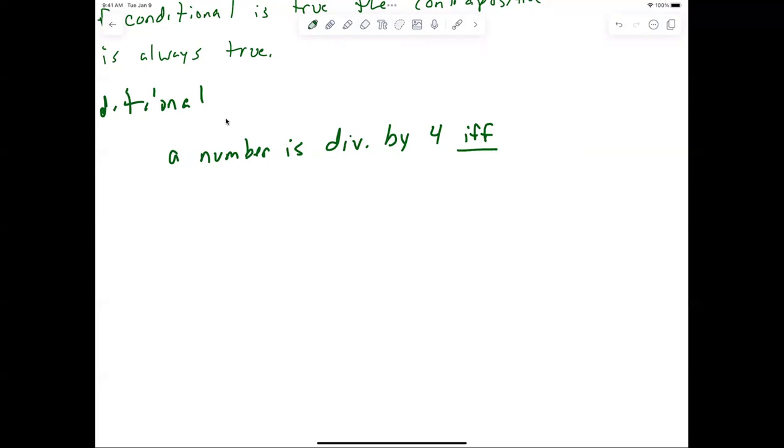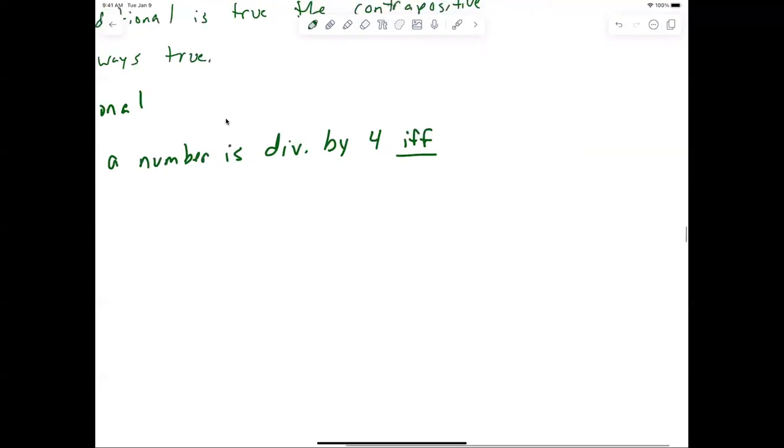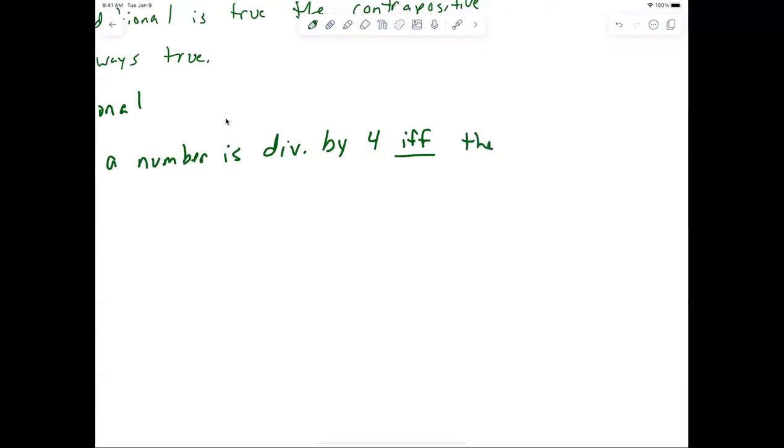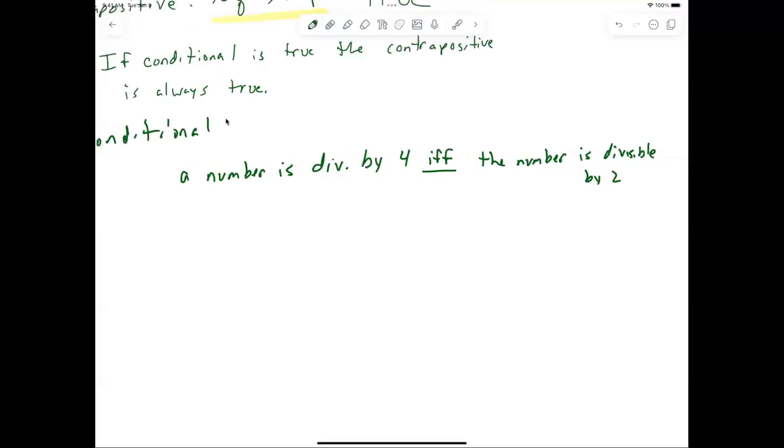A number is divisible by 4 if and only if the number is divisible by 2. And we already said that's false, because the converse is false.